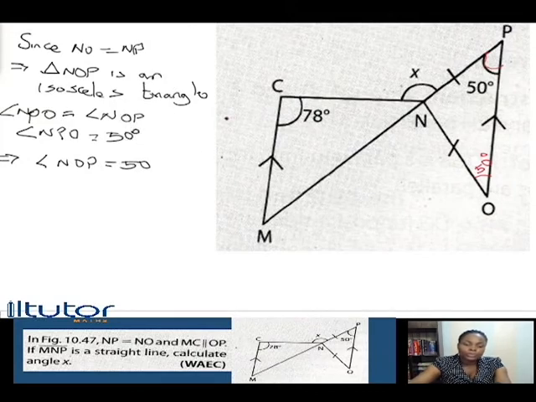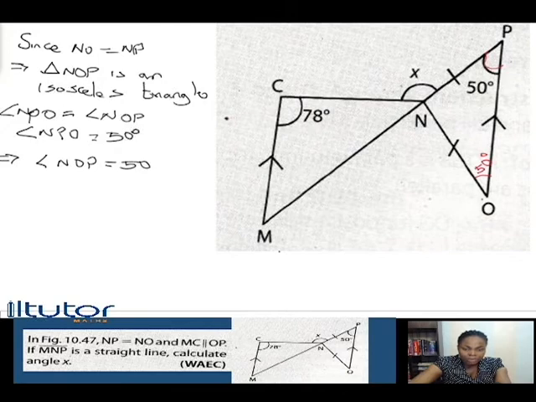Now it's also given that MC is parallel to OP, and between MC and OP you have this long line MNP connecting the parallel lines.